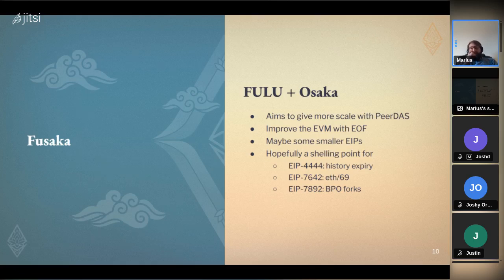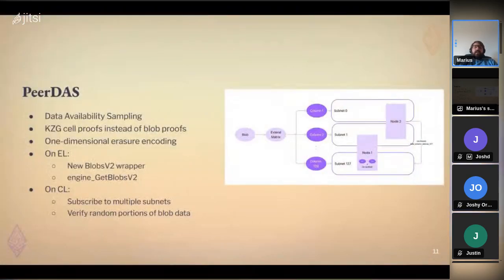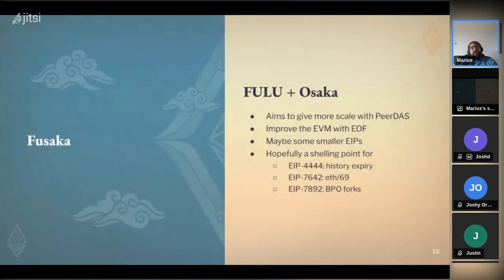And then we have EIP 7892, which are the BPO only forks, where BPO stands for blob parameters only. So I will talk about this later.